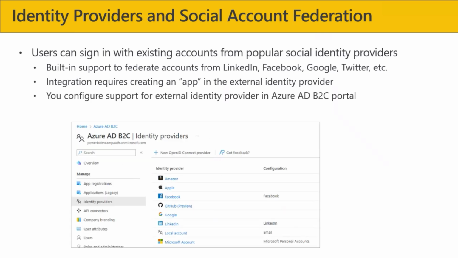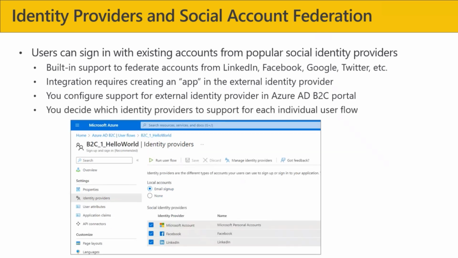Now, the way things work with user flows is that it's very easy to hook up an identity provider, but remember, you can't connect to Azure AD Enterprise, you can just connect to social media, but what you'll see is that for each flow, you can decide what's going to go inside there.